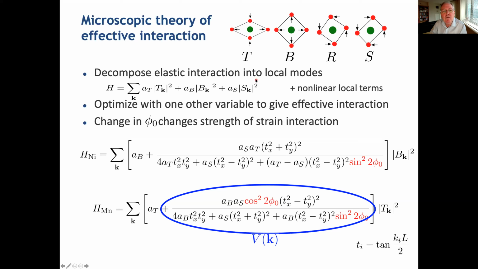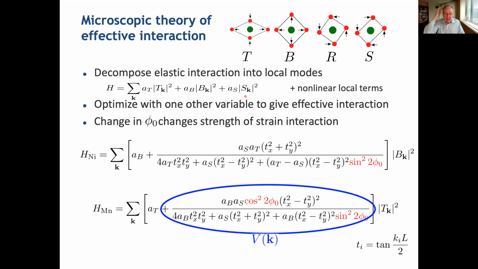And effectively what we do is start with a model which has simply purely quadratic elastic theories, plus some nonlinear local terms that I'll talk about later, remove the effects of overcounting, and then optimize to get an effective interaction.